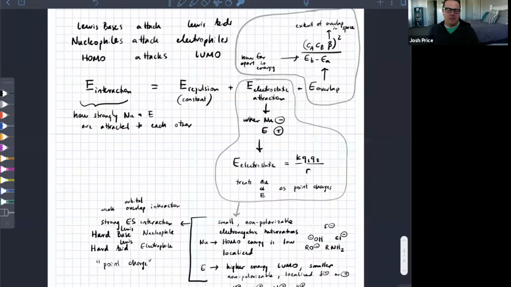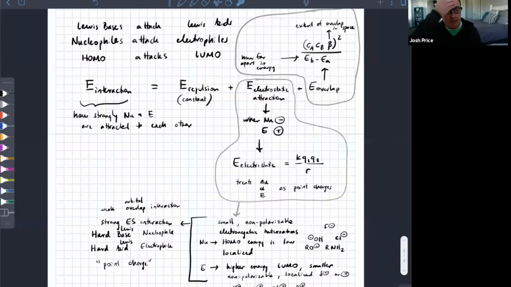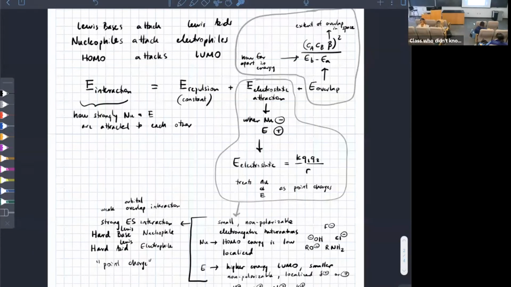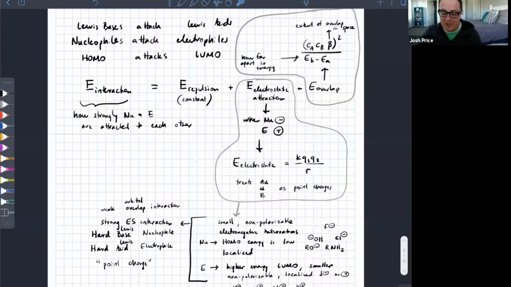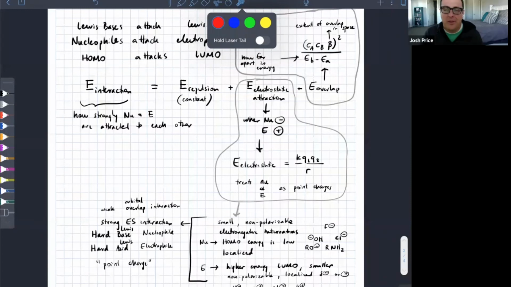Now, Joshua, you've been doing some of this in inorganic. Is there something I'm missing? No, it makes sense. Okay. With hard-soft, they say hard-soft is unfavorable. That's right. Is it because they try to split the difference between the two terms?